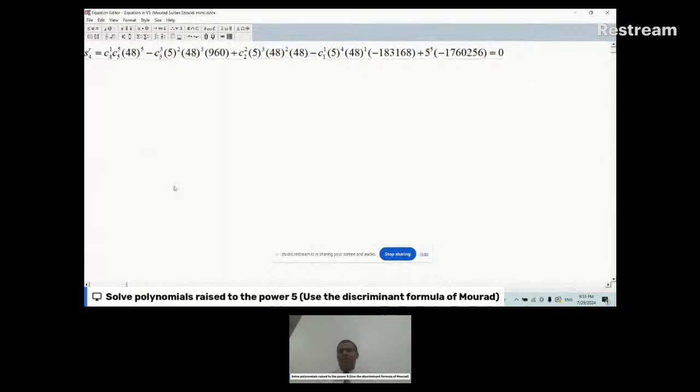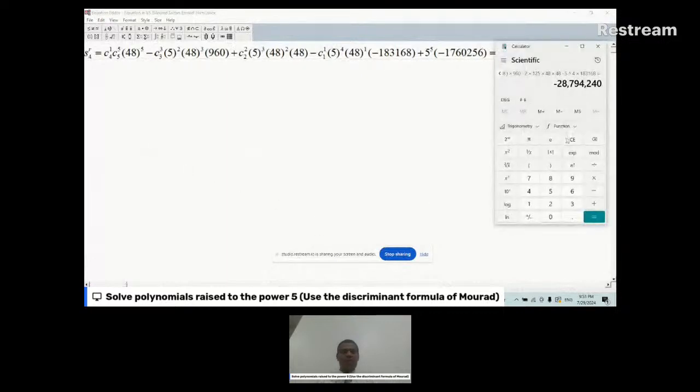Okay, this is S4. I will try to find the value of this. So it will be negative 4 times 5 choose 5 is 1, 4 choose 1, and 4 times 1 makes 4, times 48 raised to the power 5. Minus, learners, 5 squared is 25, times 48 raised to the power 3.